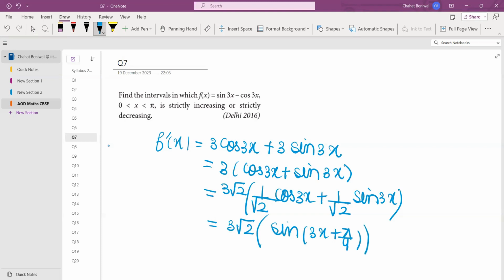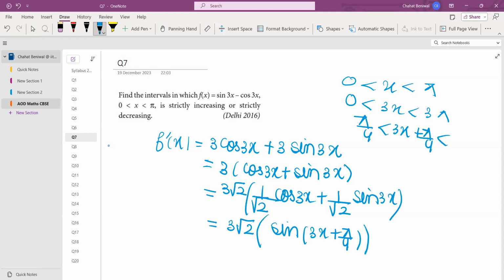We know x is going from 0 to pi, so 3x is going from 0 to 3 pi, and 3x plus pi by 4 is going from pi by 4 till 3 pi plus pi by 4.